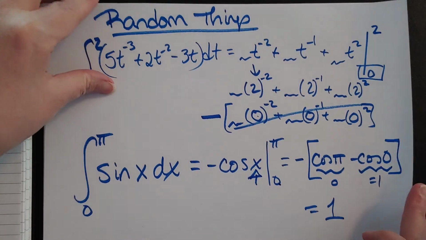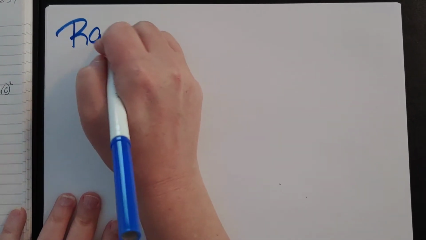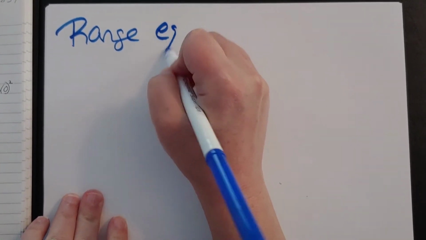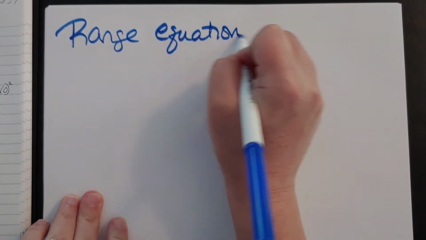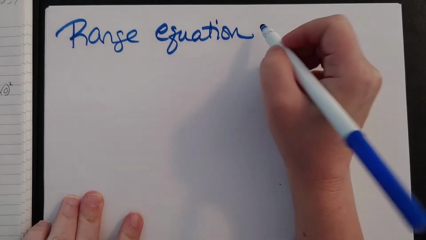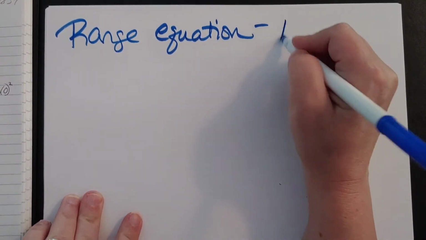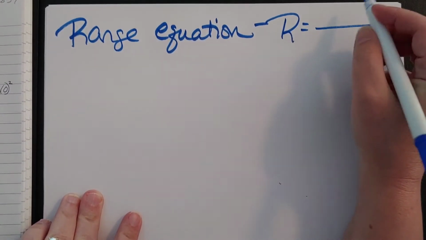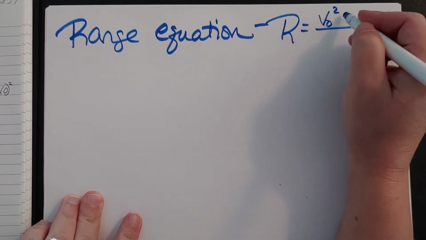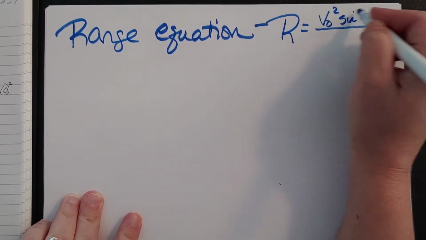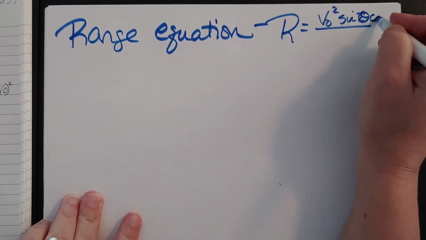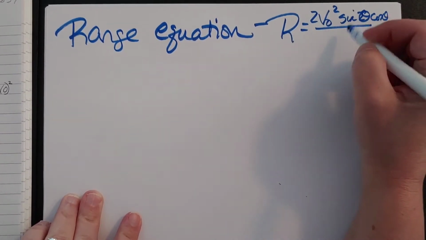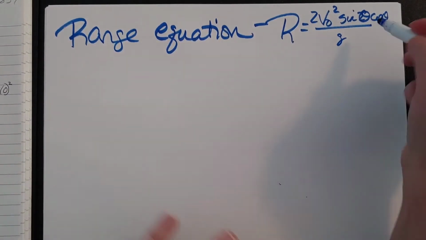Okay? That's random fact number 1. Random fact number 2 is about the range equation. You will find it's like R, and then there's a v squared, a sine theta, cosine theta, maybe a 2, and a g down here, something like this.